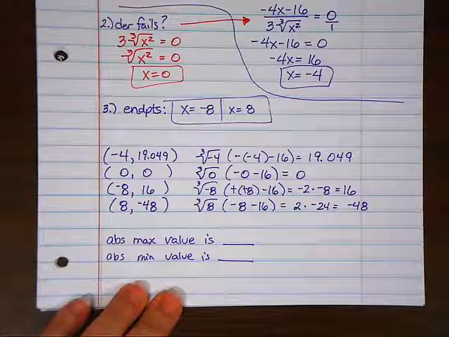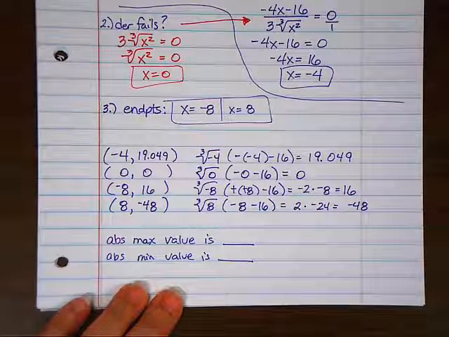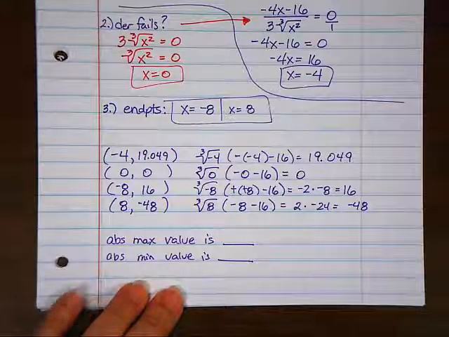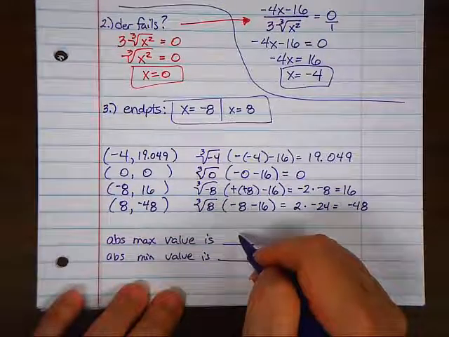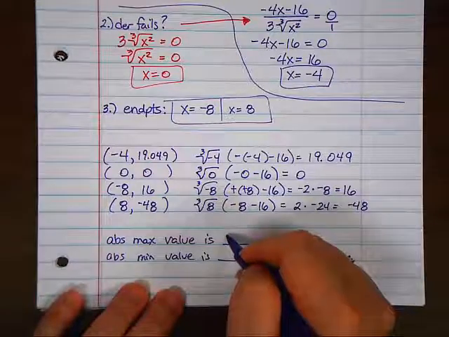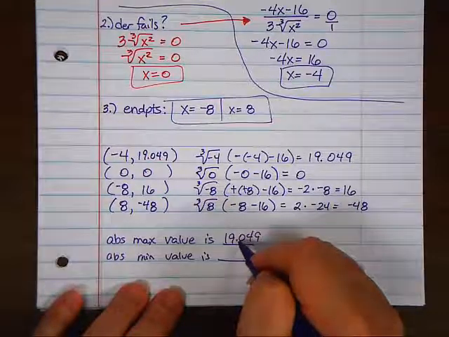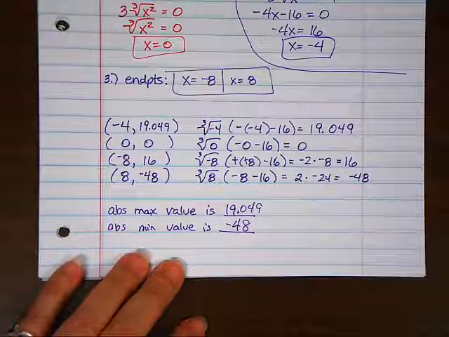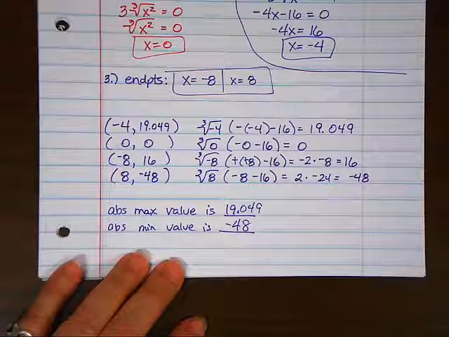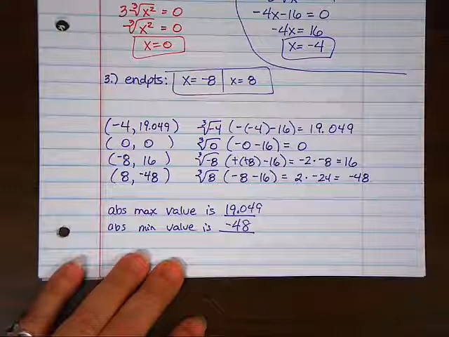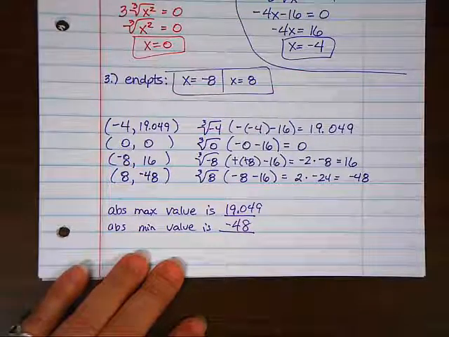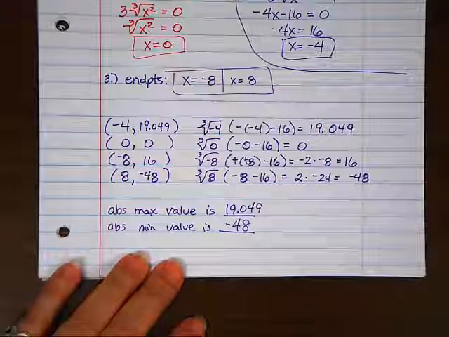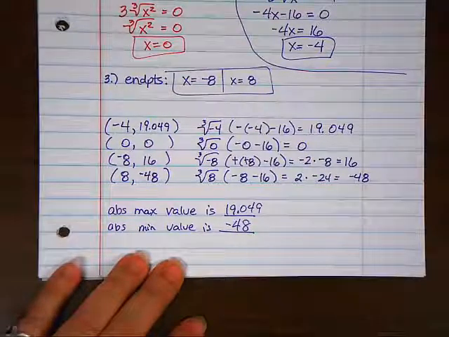When you're done, check with your neighbor and see if you wrote the same thing, because I need to know that you know what I mean by value. Okay, is that what you wrote? I do not want the ordered pairs in this instance. Sometimes they'll ask where the absolute max occurs; if it says find the x coordinate, you just write the x. But if it says value, you write the y. Are there any questions?